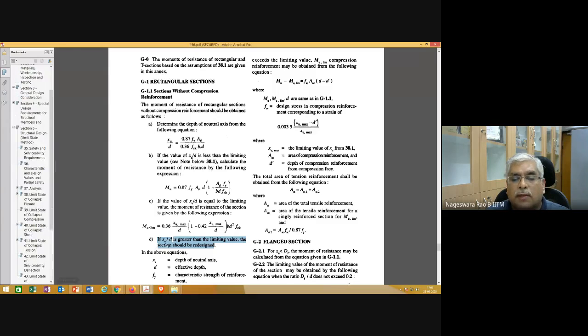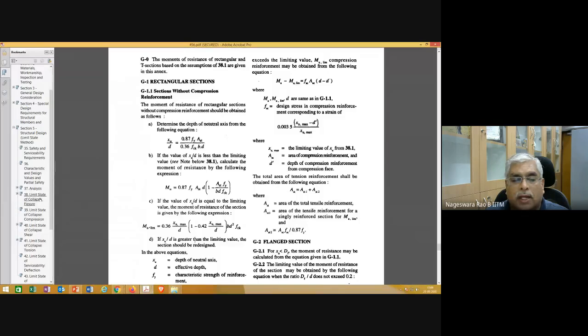First of all, why is Xu divided by D going to be greater than the limiting value? It's going to be greater than the limiting value if the maximum strain in steel, or the strain in steel, is less than whatever is specified here in the limit state of collapse under flexure.